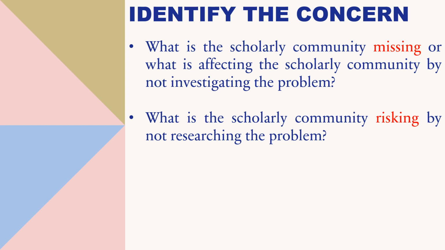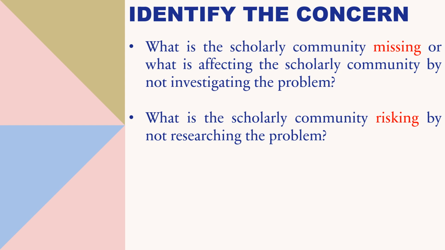For example, as I pointed out earlier, if you have an injury on your leg, you risk, of course, many things. You cannot walk, you cannot go to work, you are risking your health entirely. So by not researching something that you have pointed out, what is at risk? Okay.